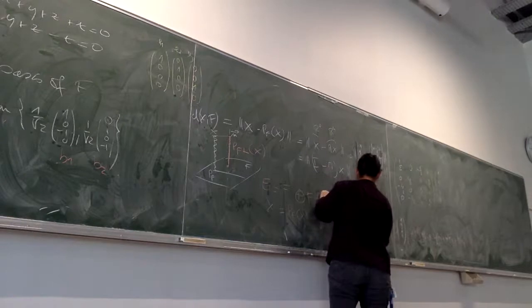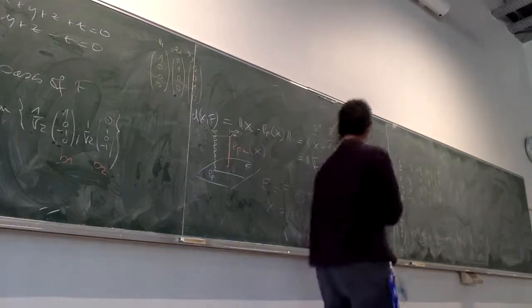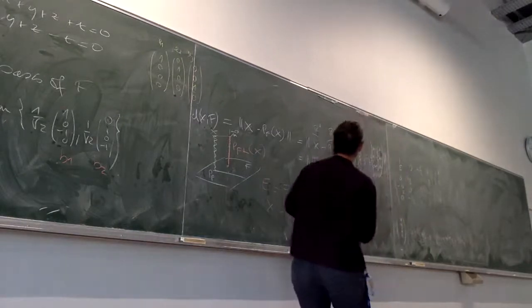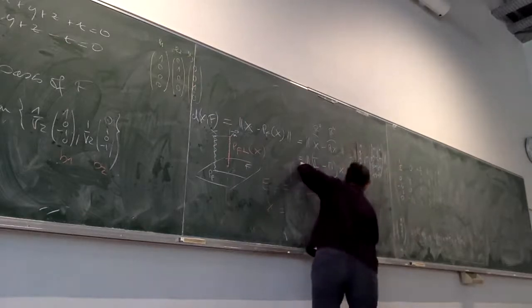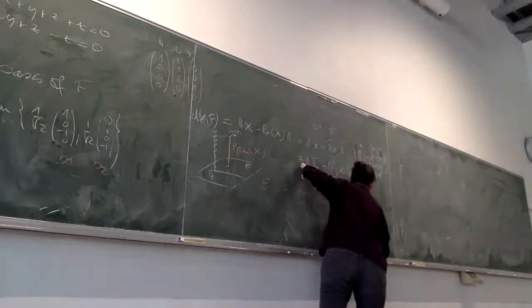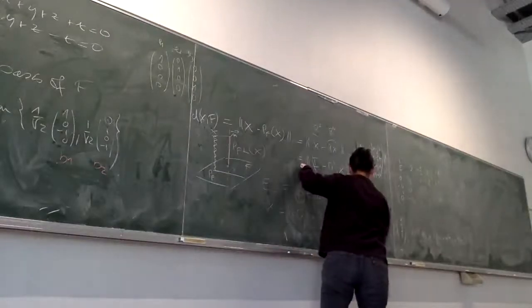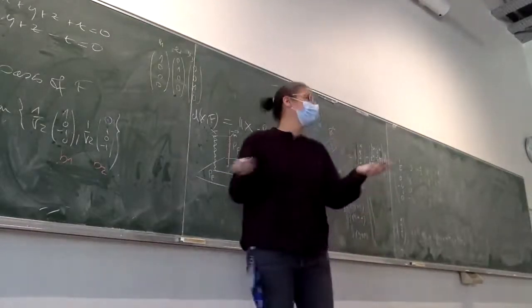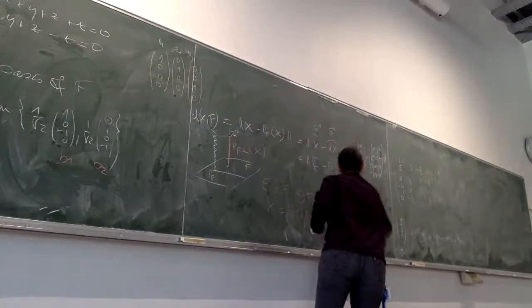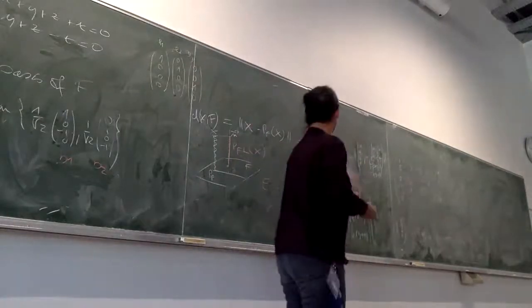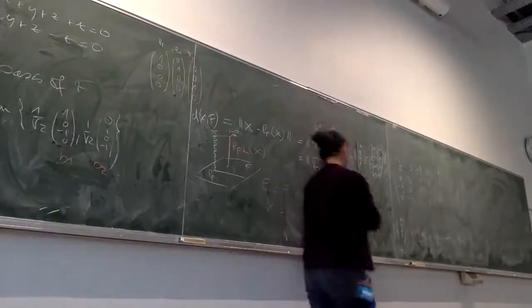Also we have x plus z, and 1/2 of y plus t. So I'm looking for the norm of this vector. Those are the 4 components of my vector. So it's just going to be the square root of the squares of these.